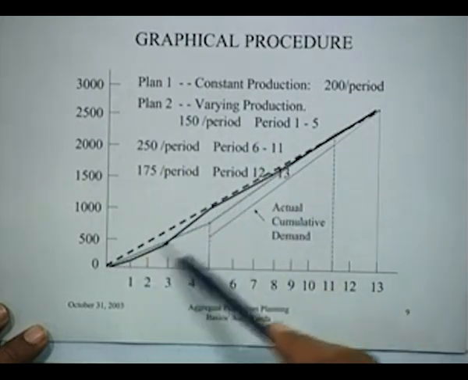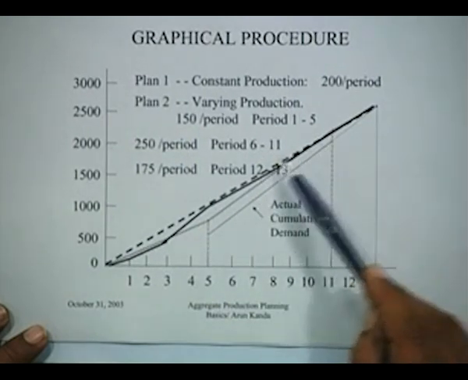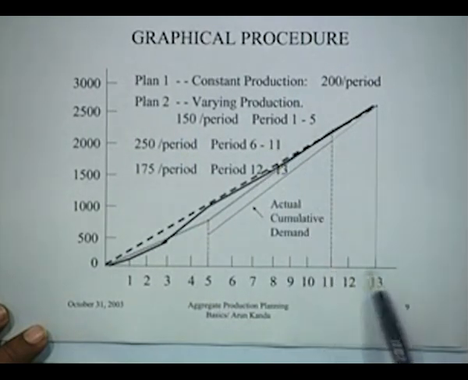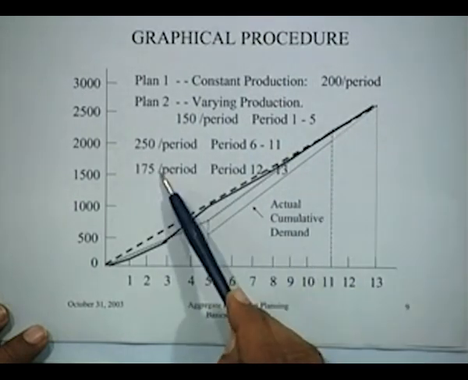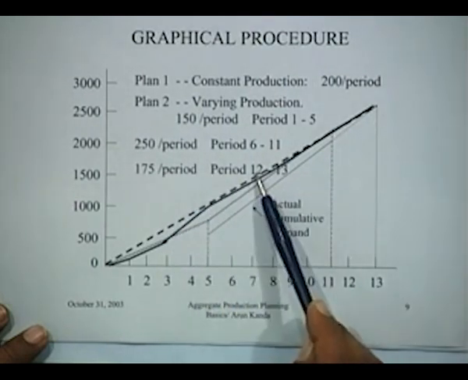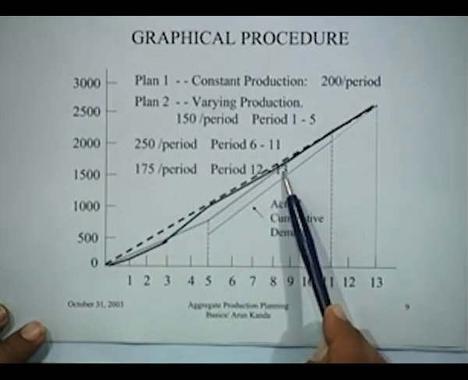So, your production plan is something like this, and in the subsequent periods 12 and 13, which are the last periods, you again know what you have to produce. So, you are producing 175 per period during the period from 12 to 13.